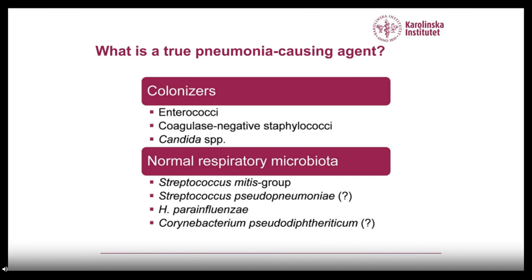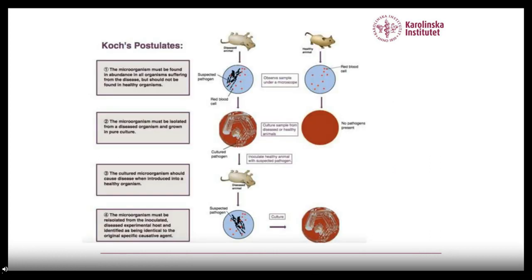I would like to raise a word of caution for some studies that finding a microbe in a patient with a clinical syndrome does not necessarily mean that this is a causative pathogen of that syndrome.